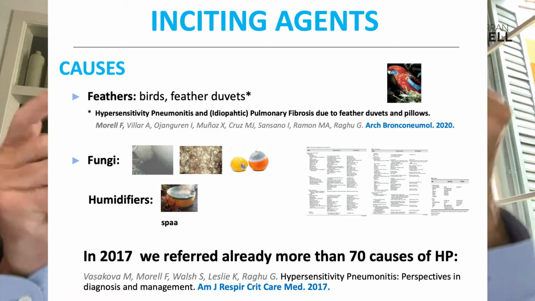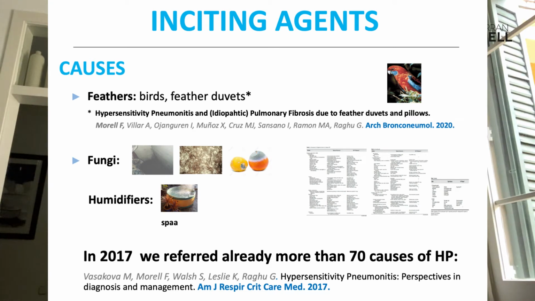These substances are aerosolized, with fungus or not. Here on the right of the slide, you have the classification of all the circumstances that can give you HP. And it's the same list that we published in 2017 in the American Review with Vasakova and Ganesh Raghu, and you can find it there, no? It's a list of about 70 different causes of HP.